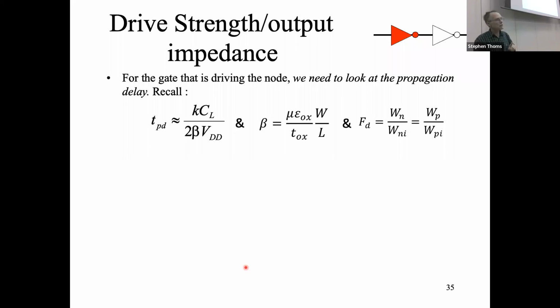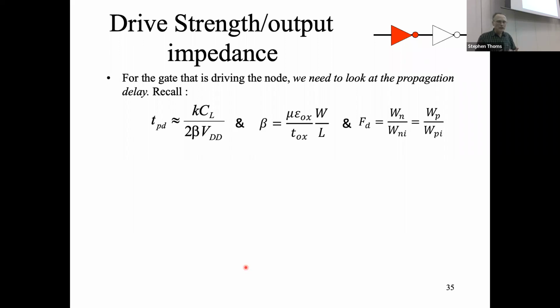Now we're going to consider the driving transistor, and we want to start looking at the propagation delay. Remember the propagation delay, TPD, is given by this equation, which is some constant K times the capacitance divided by 2 beta and the voltage VDD.